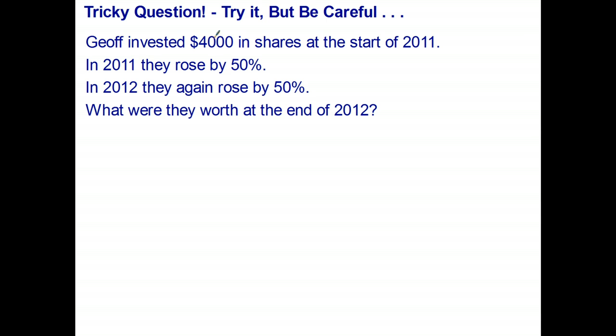So let's actually do it in 2 steps and find out what the correct answer actually is. So to start with, the shares went up by 50% in the first year. So we can say part equals percent times whole. We're looking for the part.